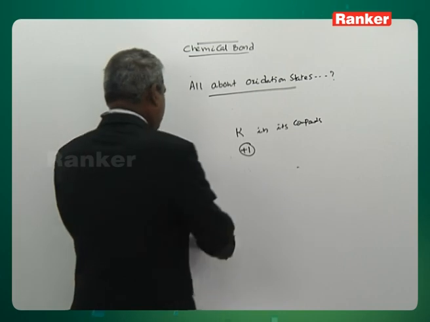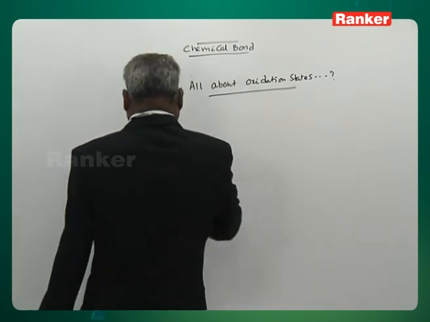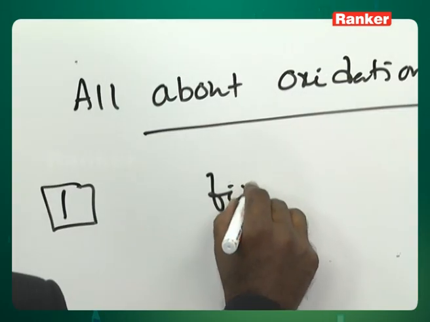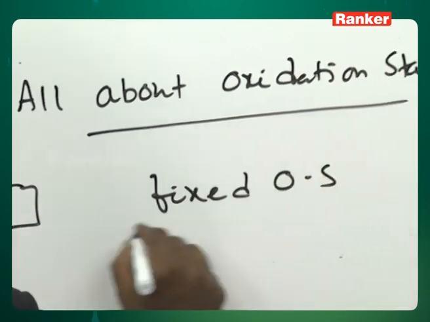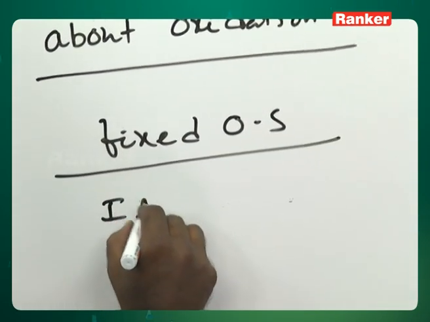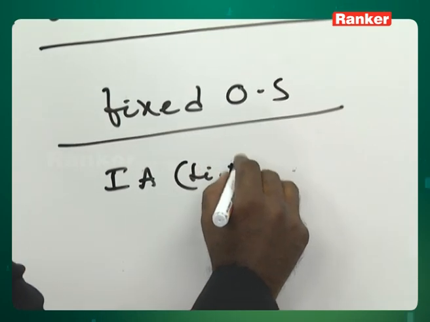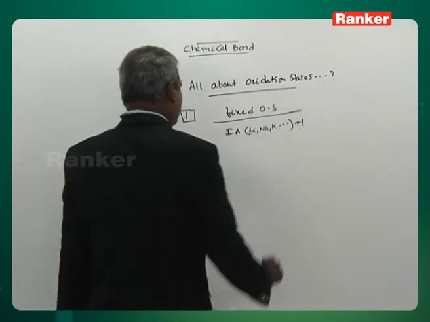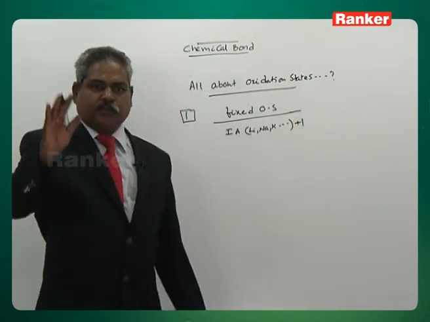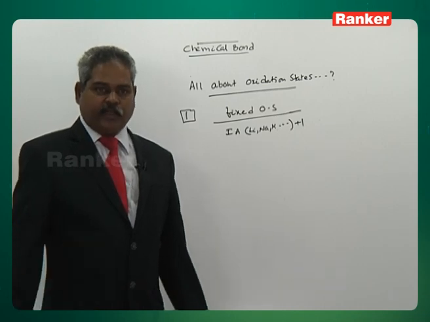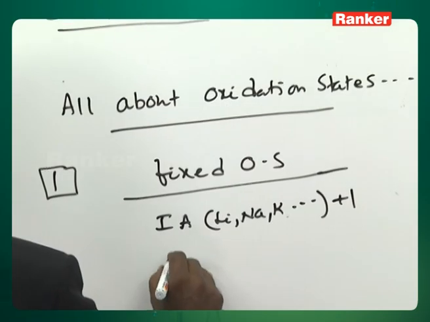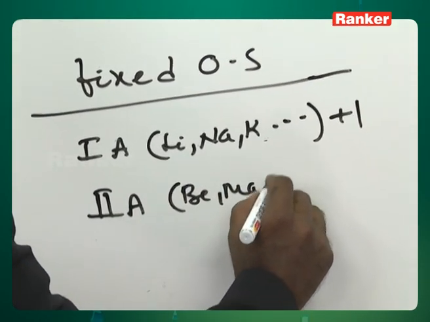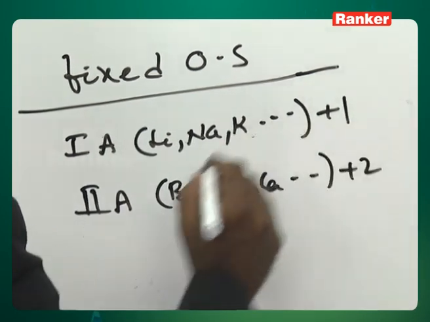So let us first draw the rules. Which elements have fixed oxidation states? 1A, elements of 1A, lithium, sodium, potassium, etc. Their oxidation state in all compounds is always plus 1, fixed, they will never vary. 2A, beryllium, magnesium, calcium, etc., always plus 2.